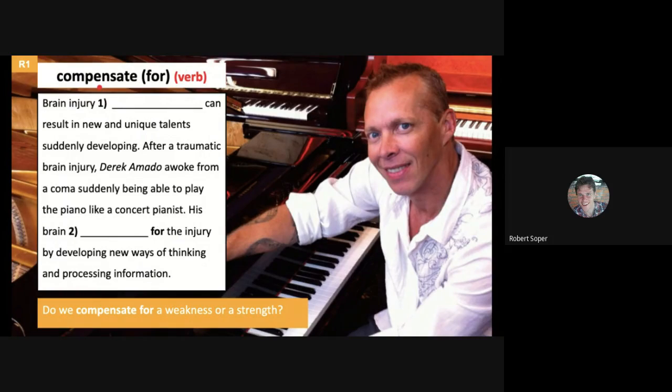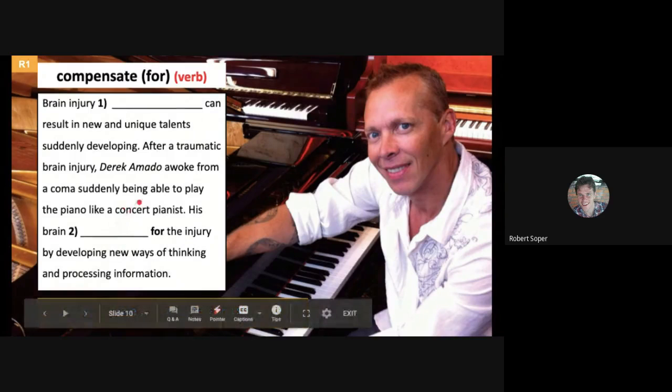So we might need to change the tense of the verb depending on how it's used in the sentence. You might also need to consider what word would go best here: an adjective, verb, or a noun. So these are all things you need to consider in these gap fills.